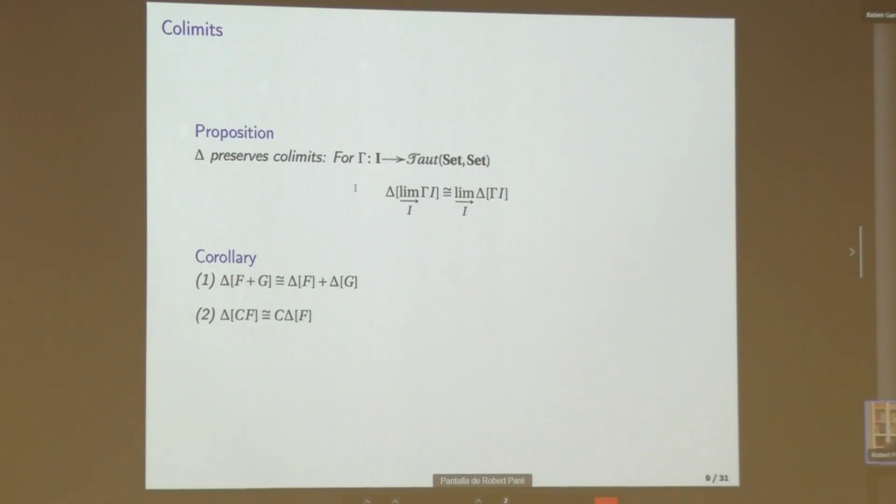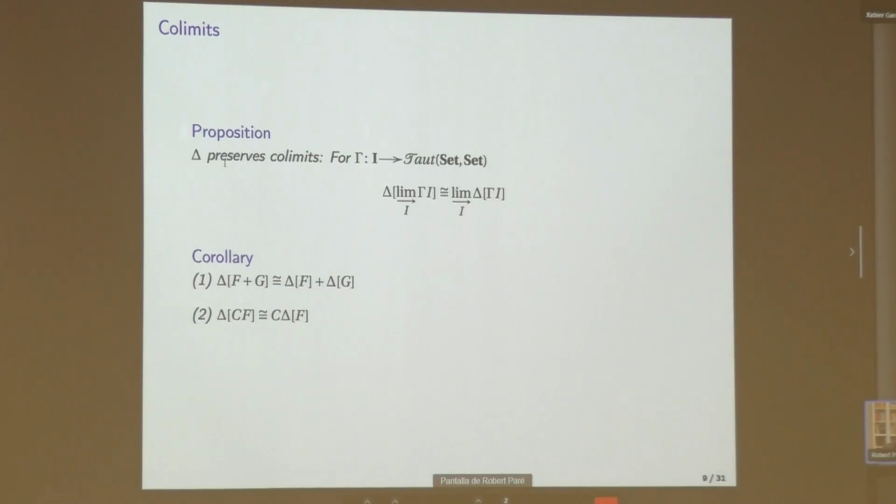Now, in fact, delta preserves colimits, but they're colimits for diagrams in Tot. You need this, even though the colimits exist for diagrams in Cat, because you need to make this delta gamma I functorial, and so you need the transition maps to restrict.